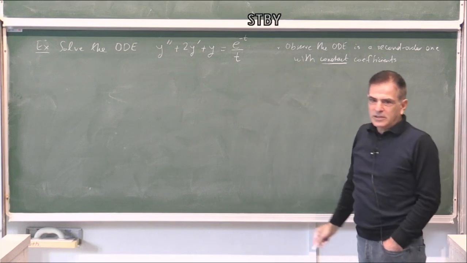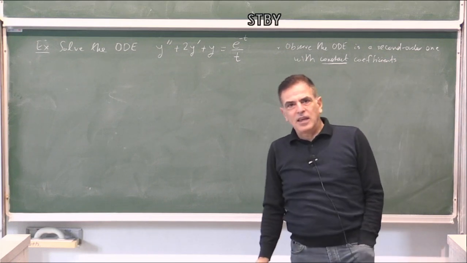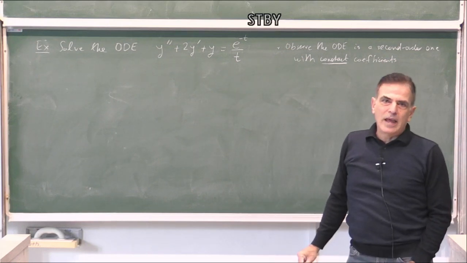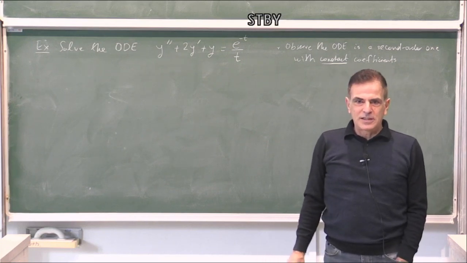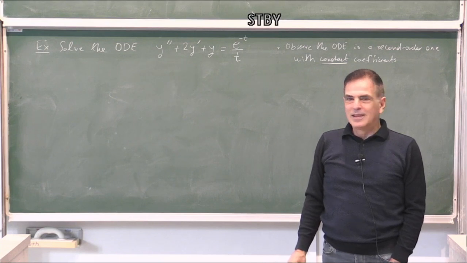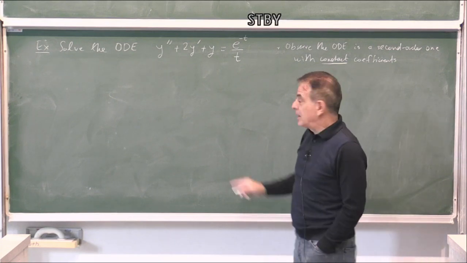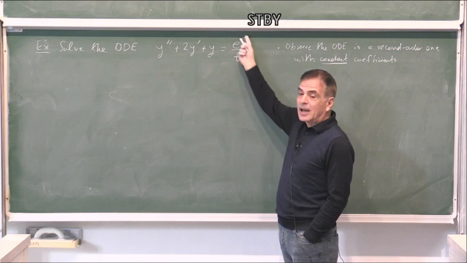So for a moment, you may think incorrectly that you may apply the method of undetermined coefficients, but you can't because of the right-hand side.